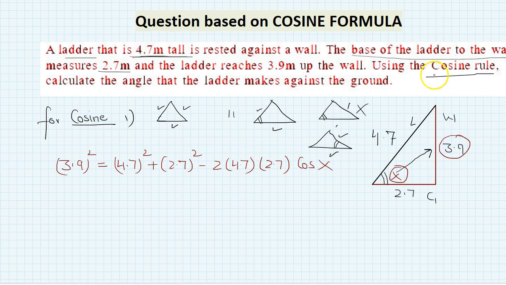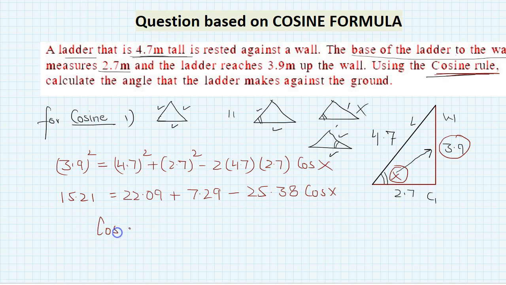So this is the cosine rule, we are using it. Now we write the values. 15.21 is equal to, so 3.9 square is 15.21, 4.7 square is 22.09, 2.7 square is 7.29. Product of these three is 25.38 and cos x.